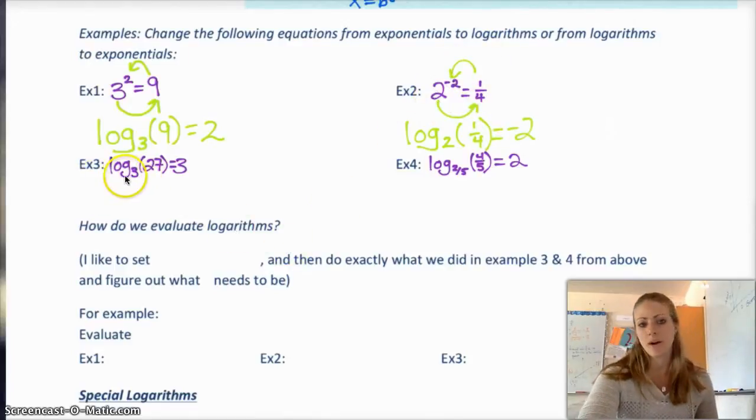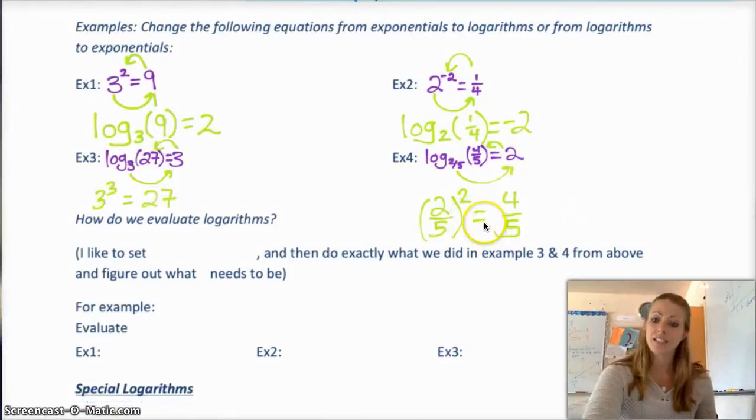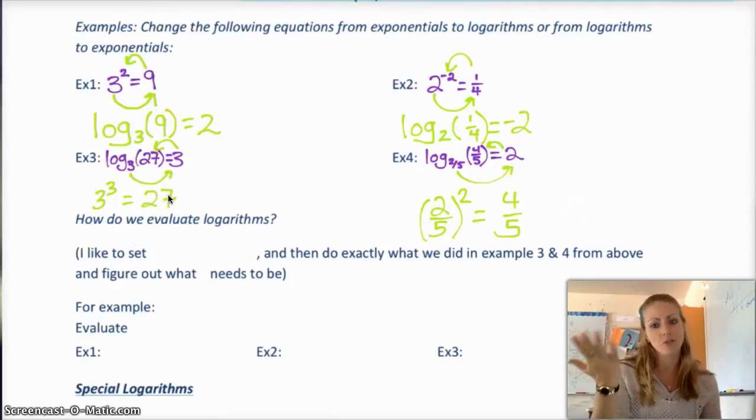And so the same process for the logs to exponentials. 3 to the third equals 27, and then 2/5 squared equals 4/5. And since there's an equal sign in between them, these should be true statements, right? Is 3 cubed equal to 27? Yes, it is. 3 times 3 times 3 is 27. That's how you know that you're doing it right.